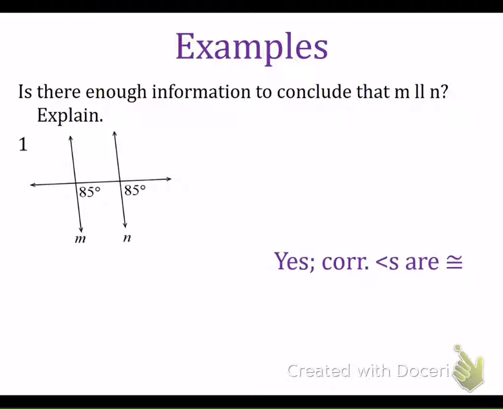I need to see the word yes. I need to see what the angles are. They're corresponding. And that they're also congruent. Okay? So 3 parts needed: yes or no, the angle relationship, and what's so special about them. Corresponding angles are congruent. Questions?